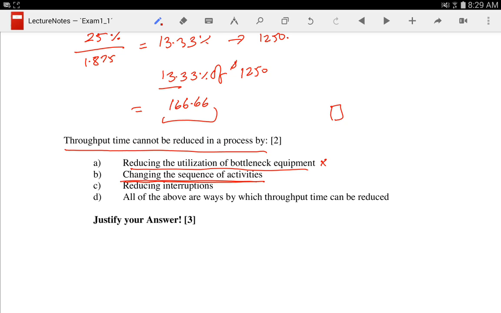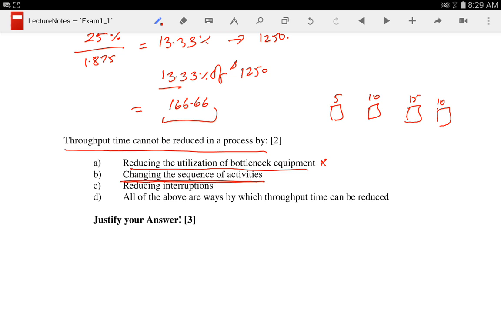Suppose we have, say, 4 activities, 5 seconds, 10 seconds, 15 seconds, and say another 10 seconds here.